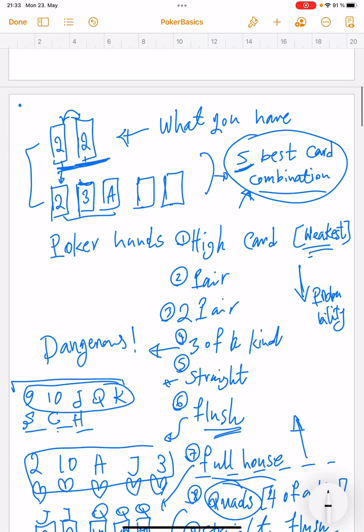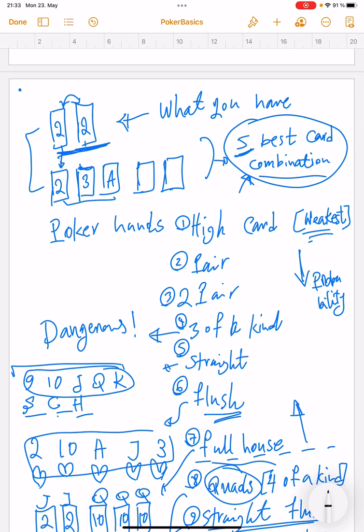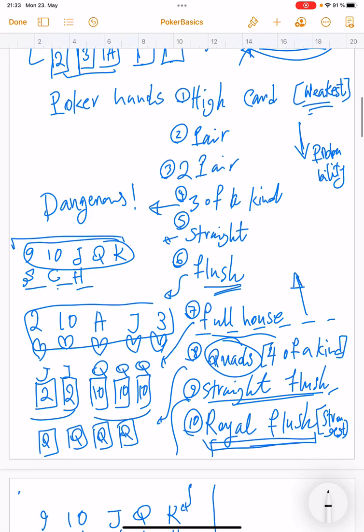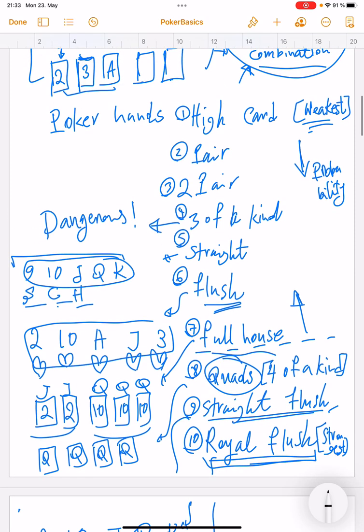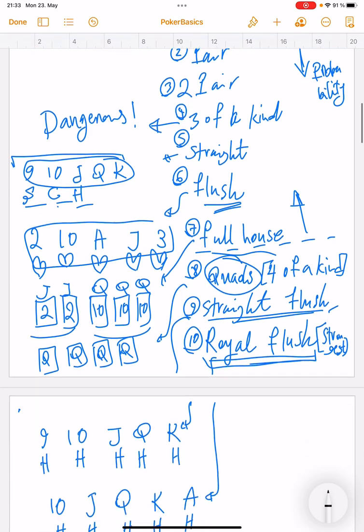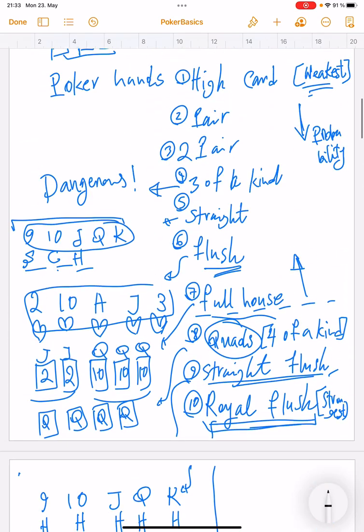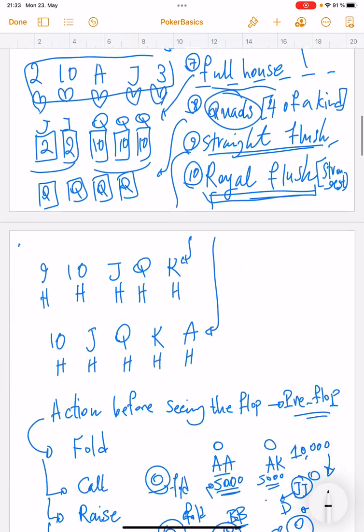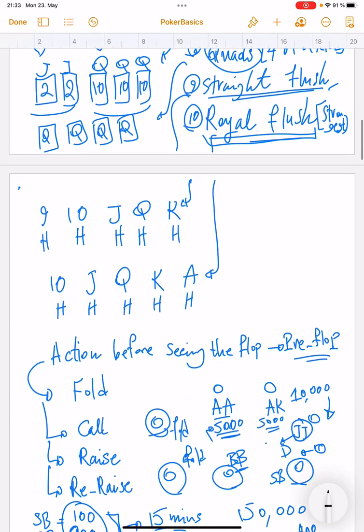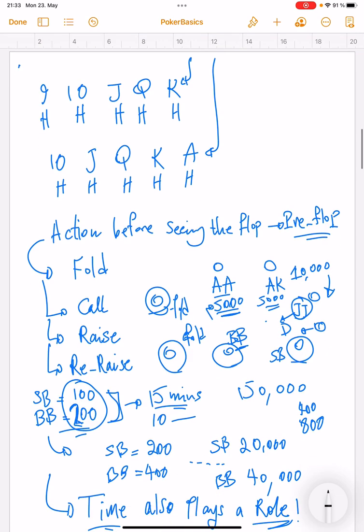Then we said the aim is to have the best 5-card combinations, and the combinations, on this crazy table here, go from high card up to royal flush. We said the probability of having quads, straight flush, and royal flush is really low, and mostly the games are played in the range of high card up until full house. Even full house is not happening quite often.